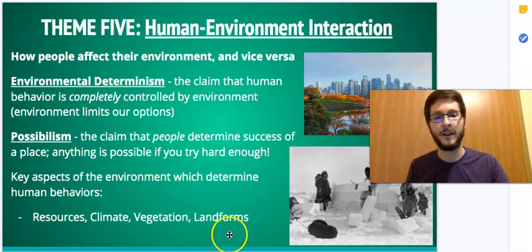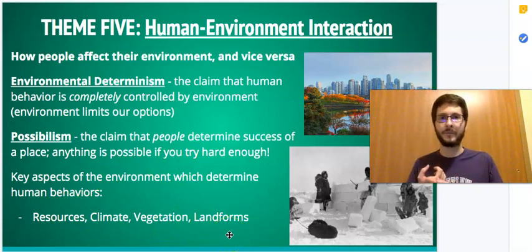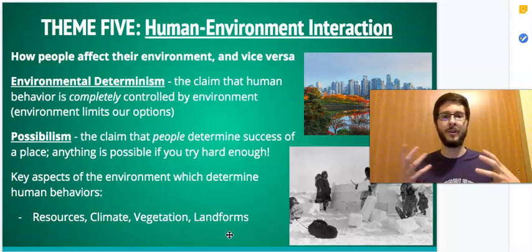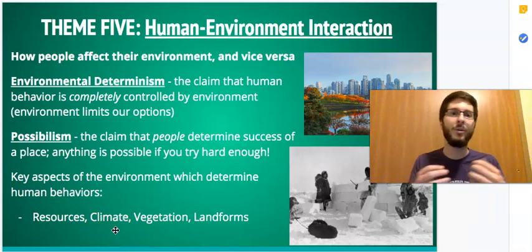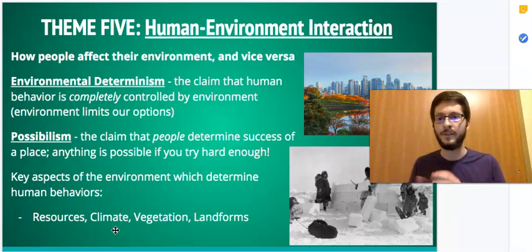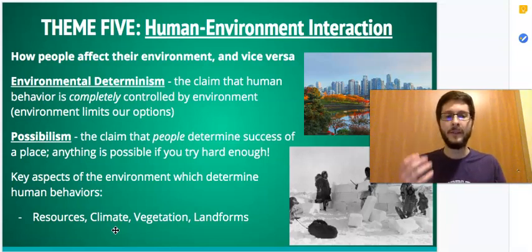And those key things are the resources that are available, whether that's food, whether that's products that we use to create and make things. It could be the climate, right? The long-term climate. Is it too hot to sustain life? Is it too cold to sustain life? Is it too rainy? Okay. And then the vegetation, the things that are growing.